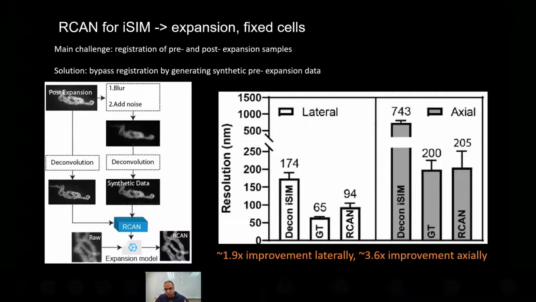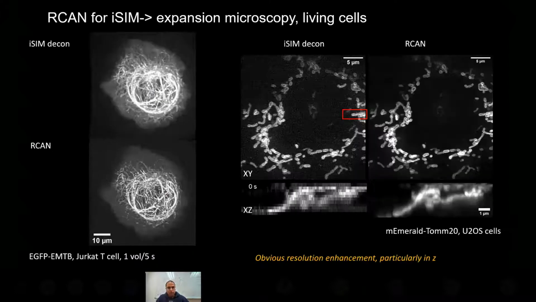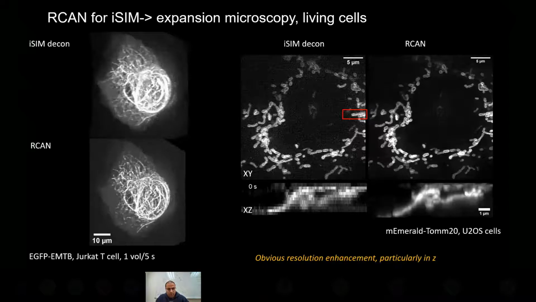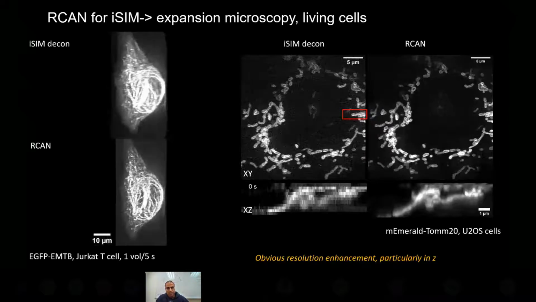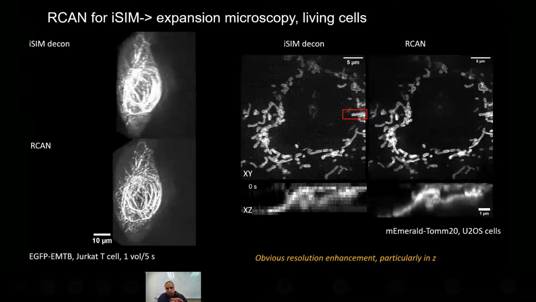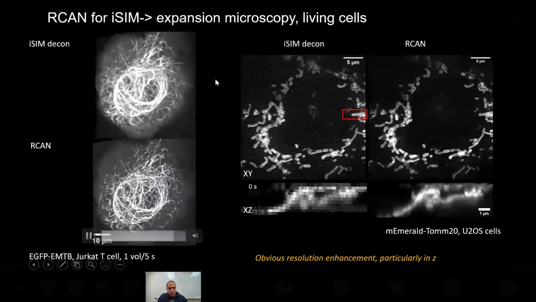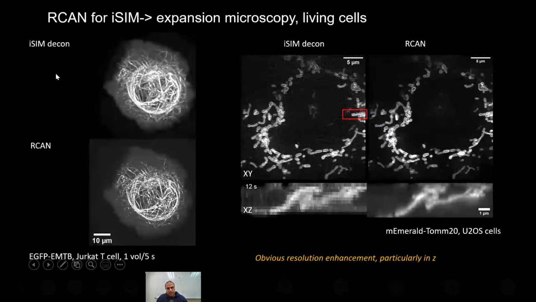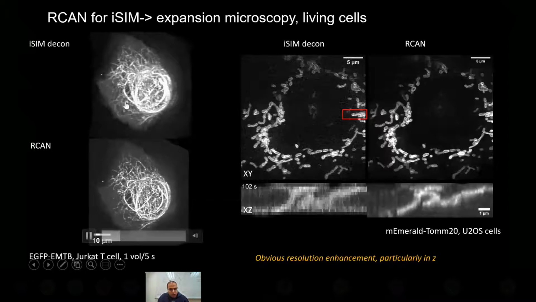And these improvements were enough that we wanted to try using these neural networks on live cell data sets acquired with our structured illumination microscope. And so just to share a few examples, if you look at the microtubule network in a living T cell as it tries to settle on an antibody-coated coverslip, the input data looks okay, but it's particularly blurry in the axial dimension.